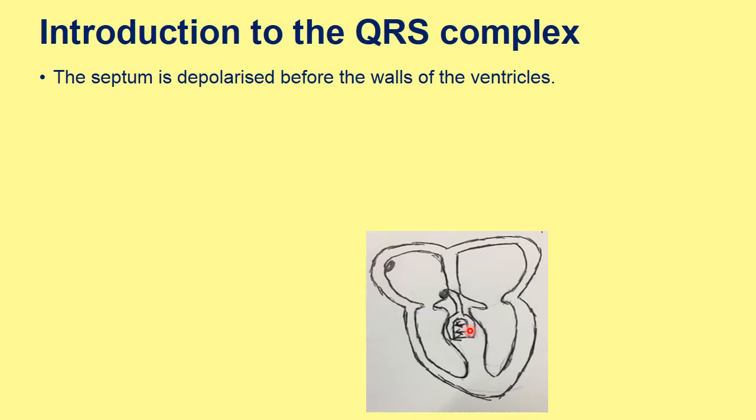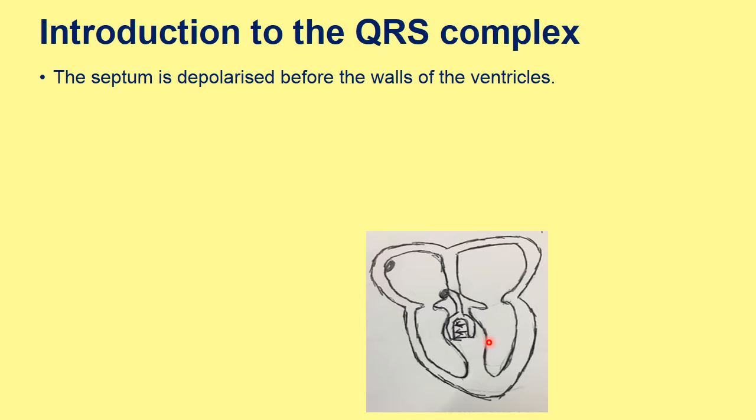When it gets to the bundle branches, the septum is depolarized first. So before you get depolarization of the ventricles, you get the septum being depolarized first. This is very important, as you will see later on in the video.